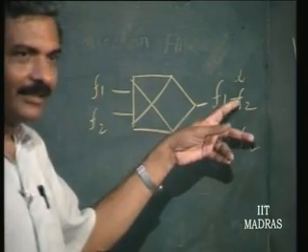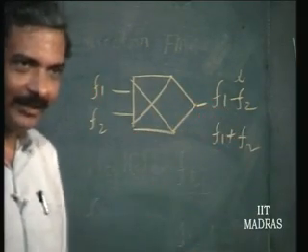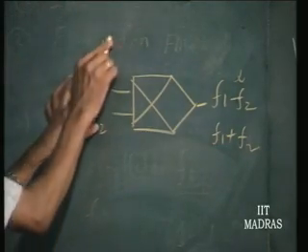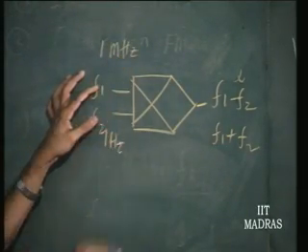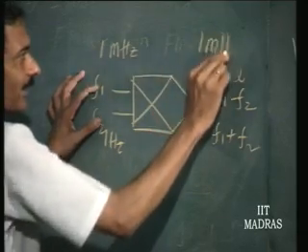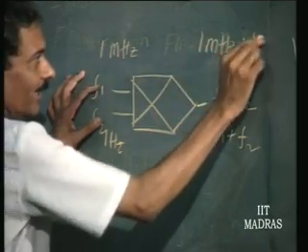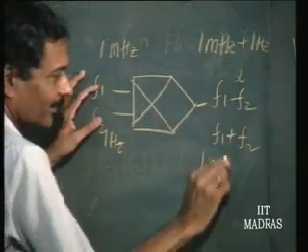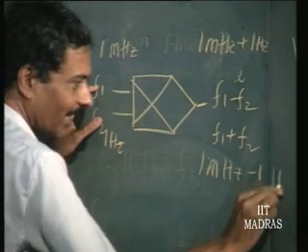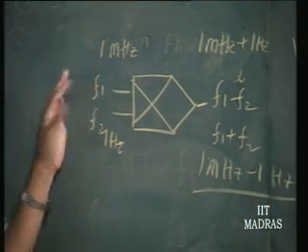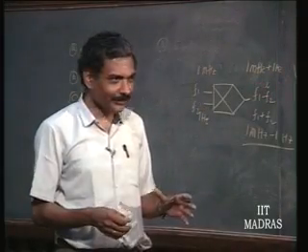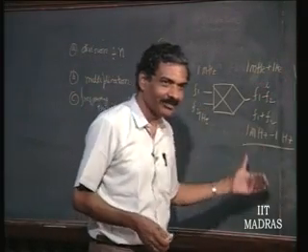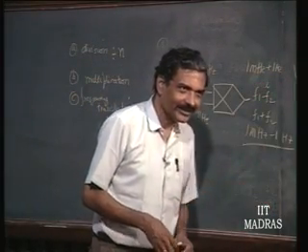Then you have to select the corresponding component: 1 megahertz plus 1 hertz, 1 megahertz minus 1 hertz, and you want one of these components. This is not a practical joke here, that you are now thinking of separating this out. It is not possible.